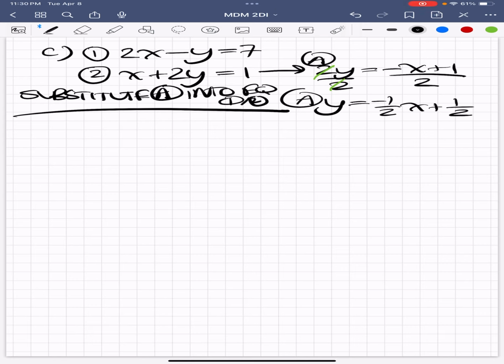So now we're going to substitute equation A into equation 1 because we chose to isolate equation 2. So I'm going to erase this and it will just be equation 1.